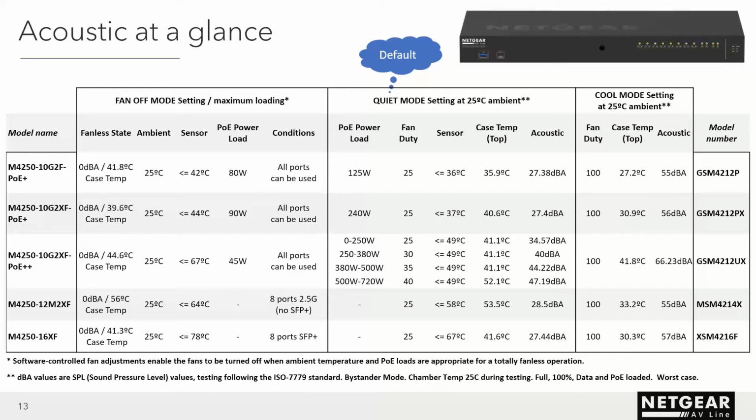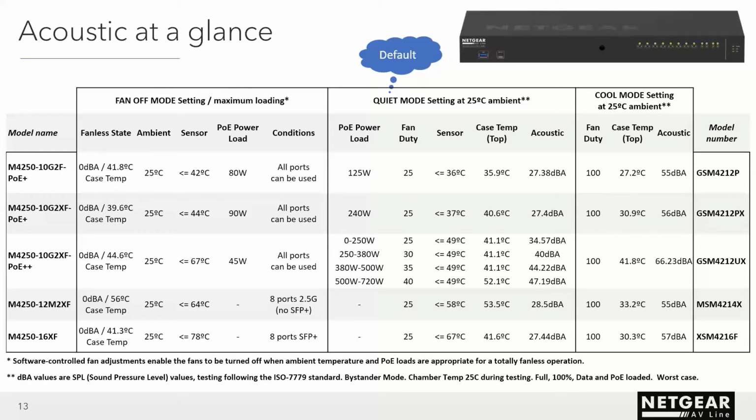We'll do that together. And of course, you are restricting the power output a little bit, because you have to reduce that, if not, the switch becomes too hot. But if you stay within these specs, the switch will operate fanless. And if you're not sticking with those restrictions, the switch will revert back to the middle default column called quiet. But please look at that.